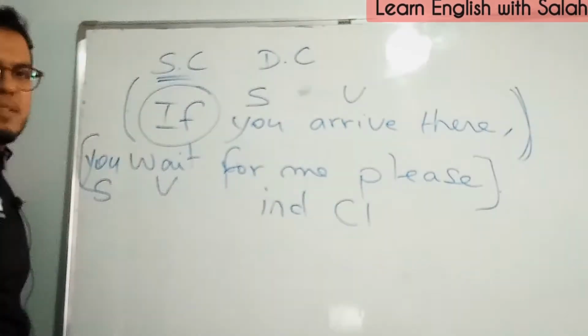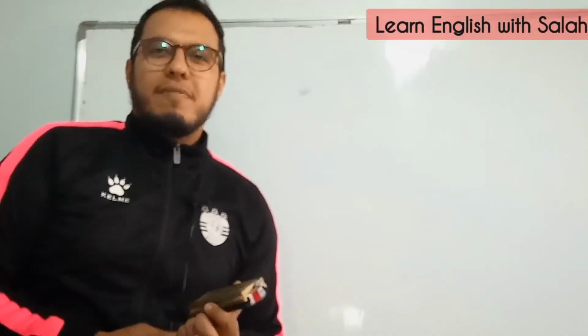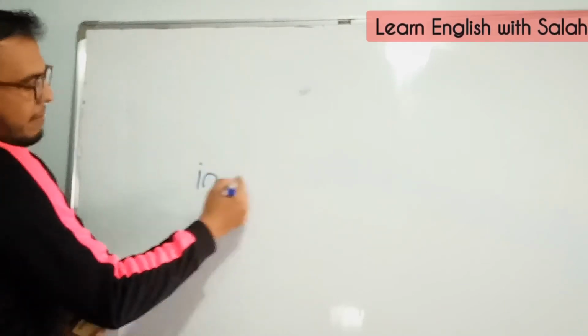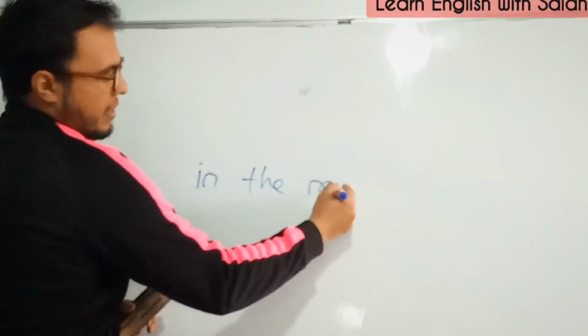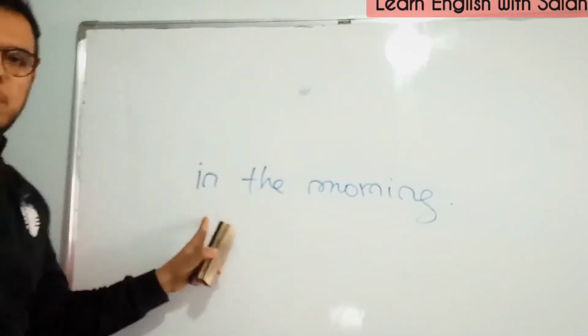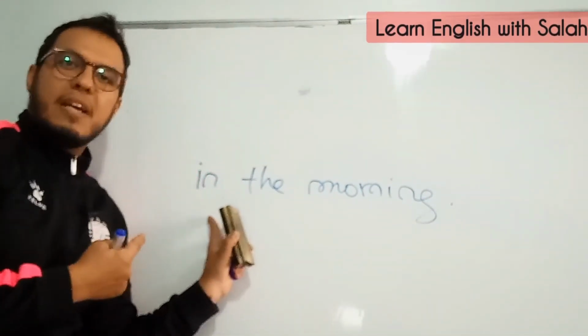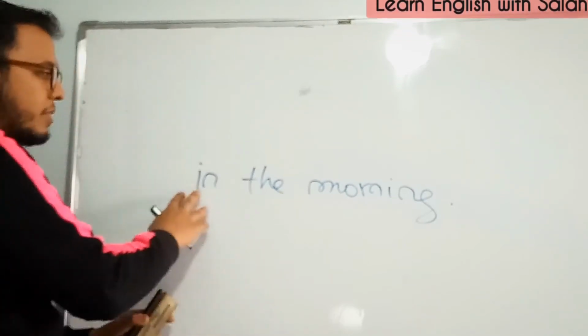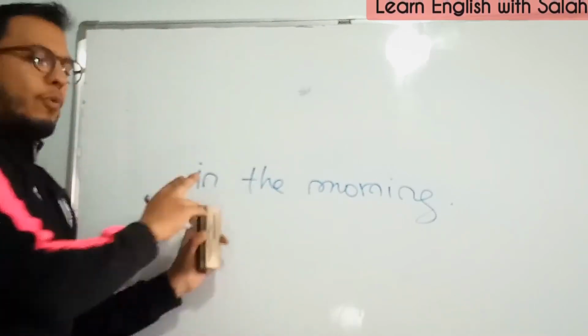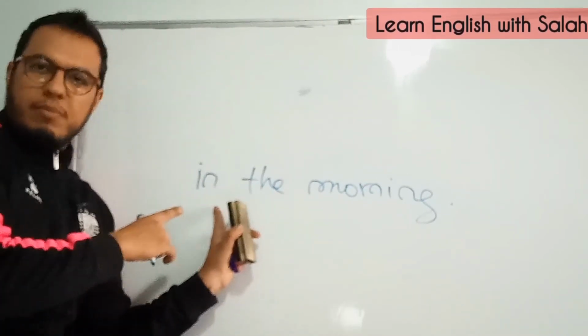independent clause. Okay guys, sometimes if you are given this, let's say for example, in the morning, this is called a phrase. It's a phrase because we said that a clause has a subject and a verb. When I don't find a subject and verb, it is called a phrase.